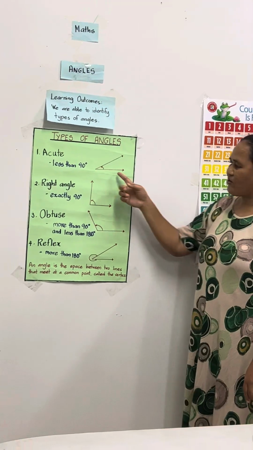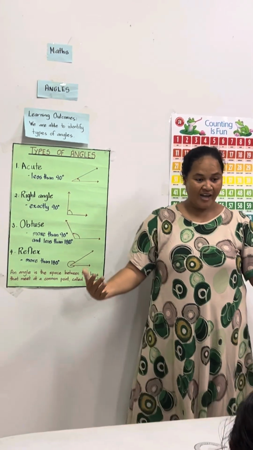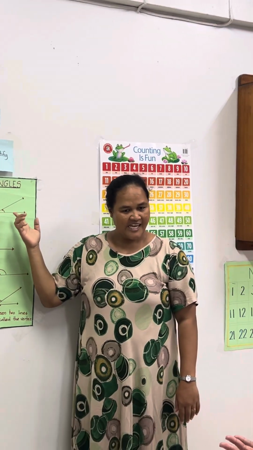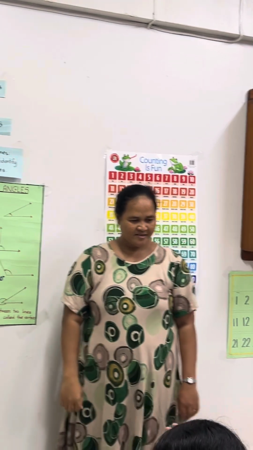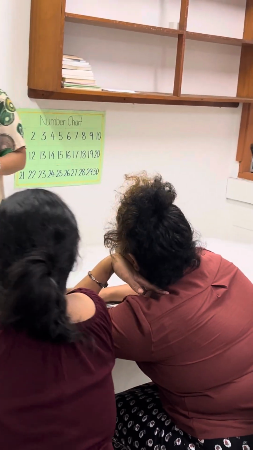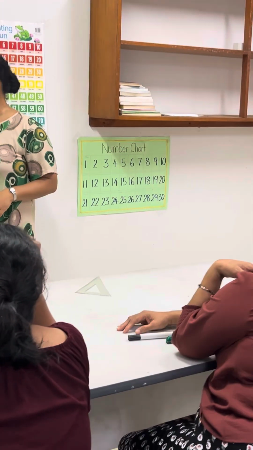Who can give an example from real life that you can see an acute angle? Yes, very good, like a pizza, that's very good.